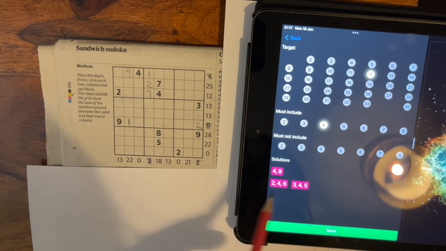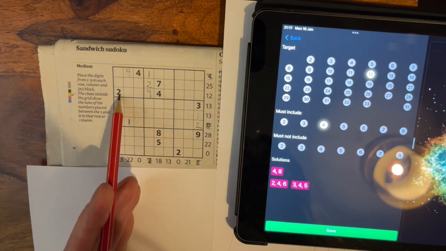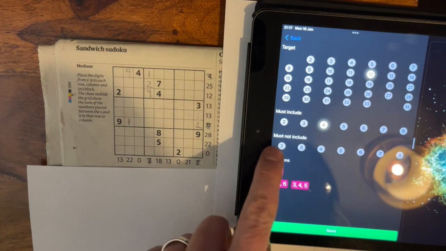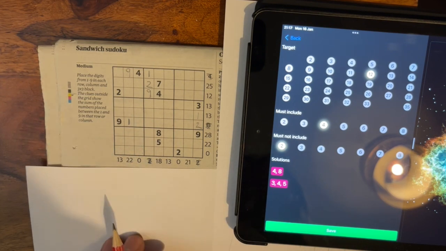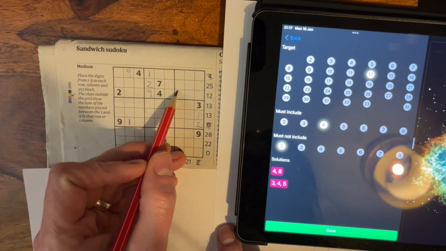So that doesn't help. But I also know the answer can't include the number 2 because the number 2 is already there. So I can say must not include 2. And this narrows it down a bit more, but still not enough for my liking, because the 1 can either be there or there.